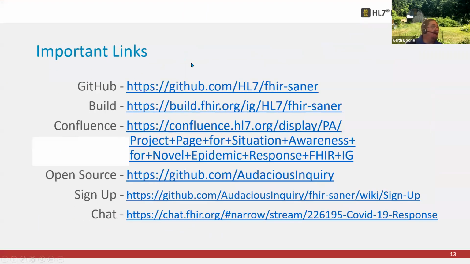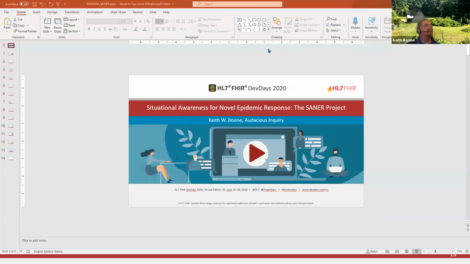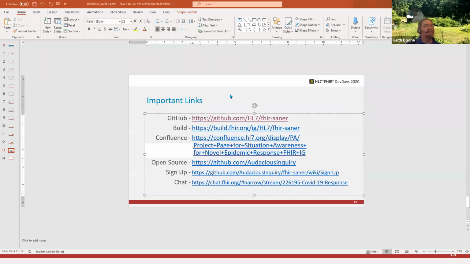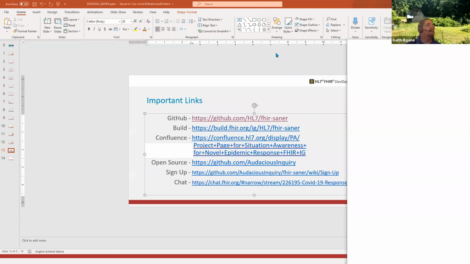So in conclusion, before we get to questions, there are a lot of useful links. The source for the SANER IG is at github.com/hl7/fhir-saner.